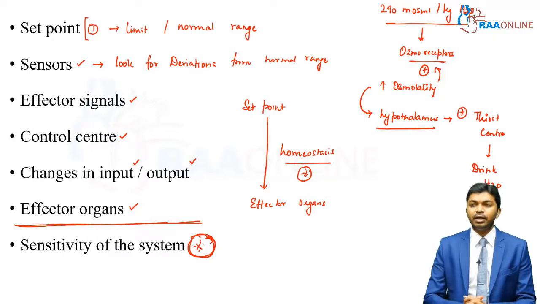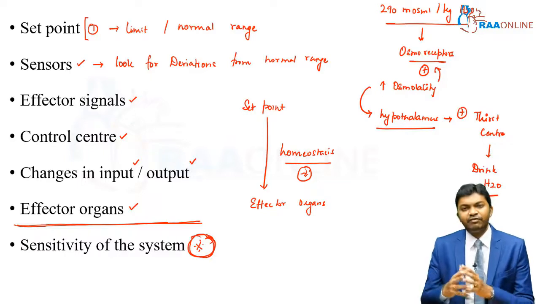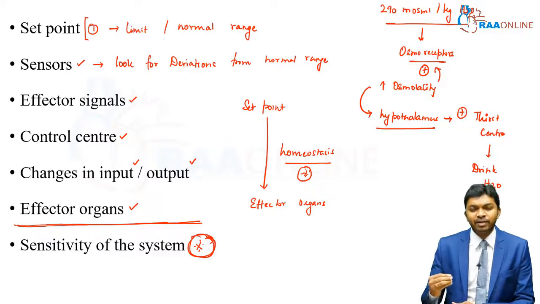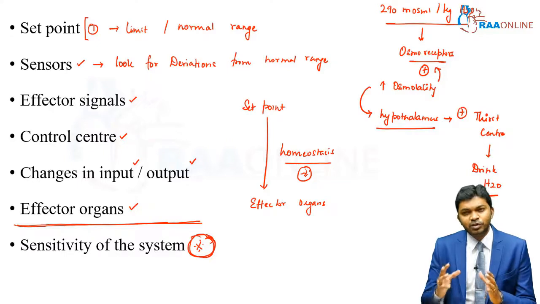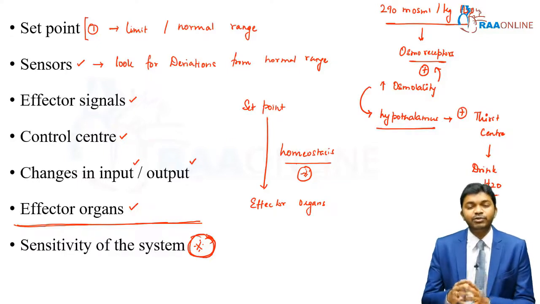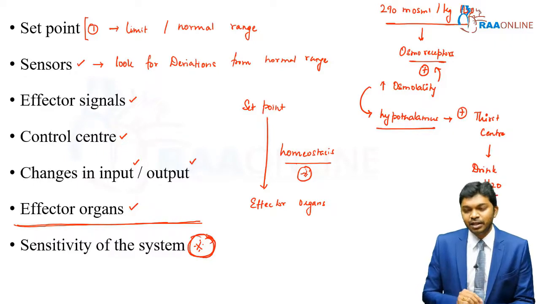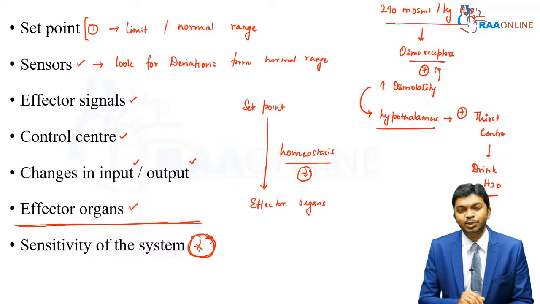For example, consider the level of salt. When body sodium level increases, the osmoreceptors are very sensitive to it. Even if there is a slight increase in osmolality, there is a sudden activation of osmoreceptors and the hypothalamus gets into action.